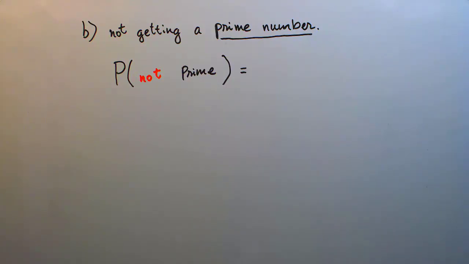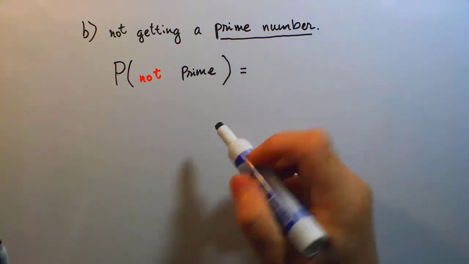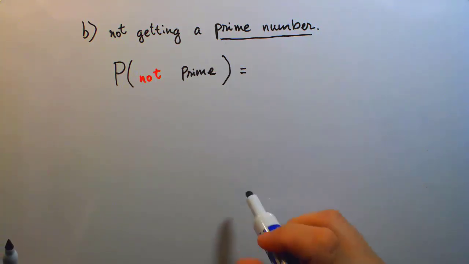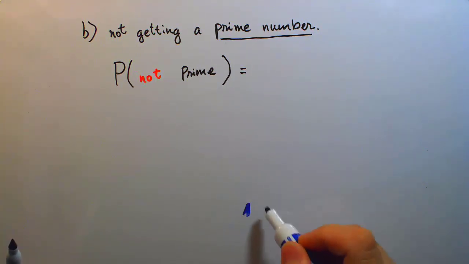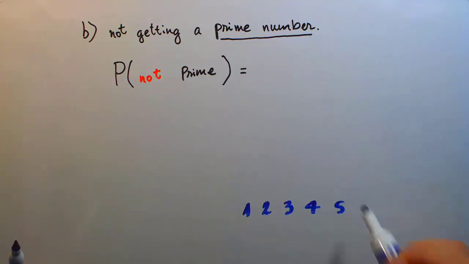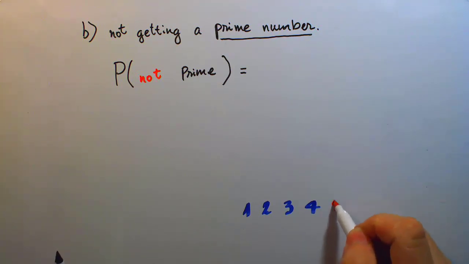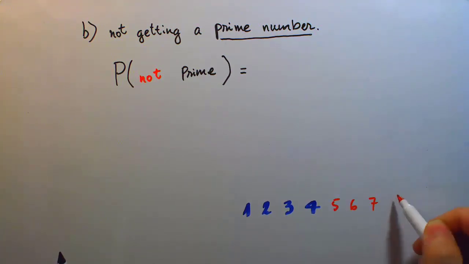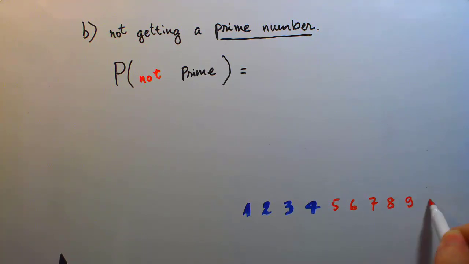So we can see that we have the 10 markers here. Allow me to write the denominator at the bottom of the board here. 1, 2, 3, 4, and then the red markers: 5, 6, 7, 8, 9, 10.